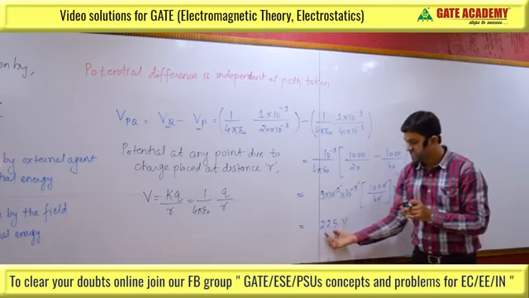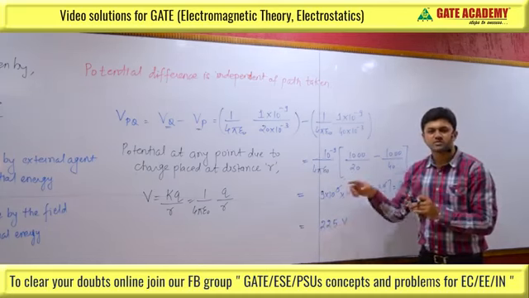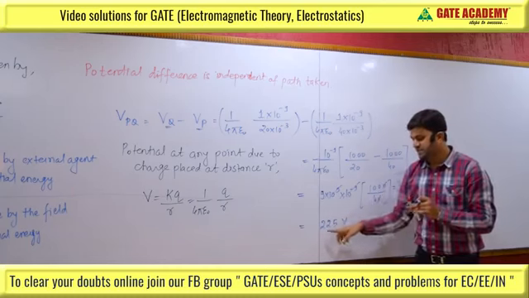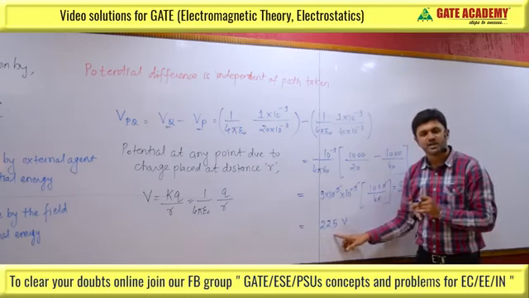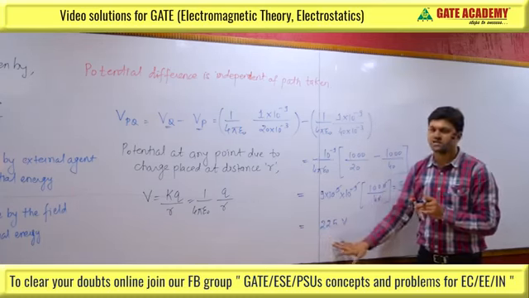So if your answer is coming positive, then check the options, and if there is an option with the same magnitude and a negative sign, there will be no problem.